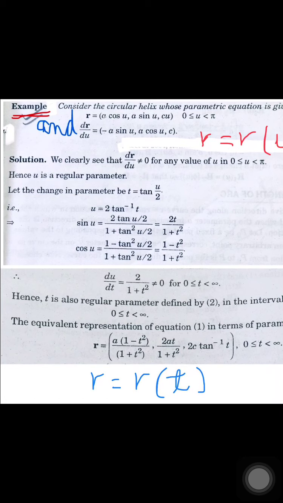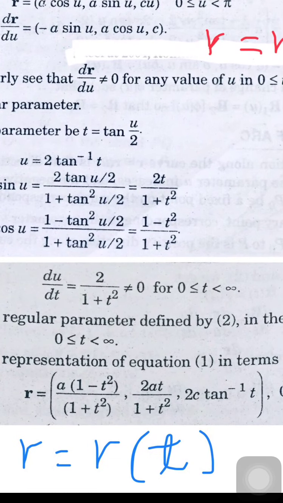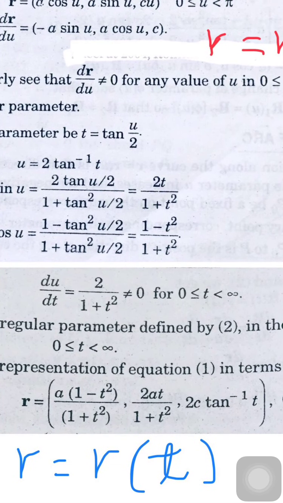Now by using this we get du by dt equals 2 upon 1 plus t square, which is not equal to 0, because t lies between 0 to infinity.